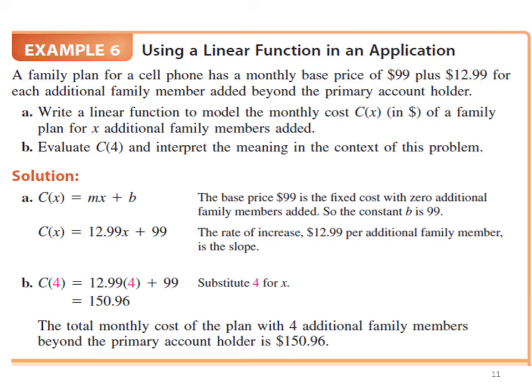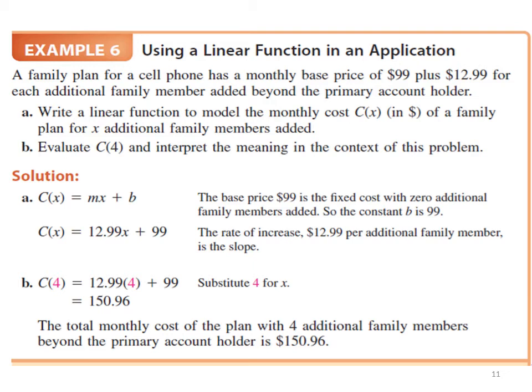And now we expect that our model will be linear. The cost as a function of X will be M times X plus B. B here is your fixed cost. If X is 0, if you have no additional members, the cost of the plan will be 99. So B is equal to 99.